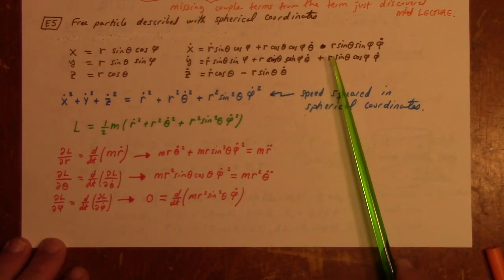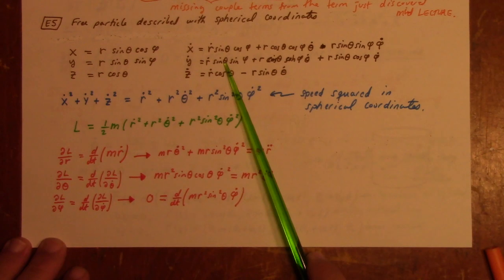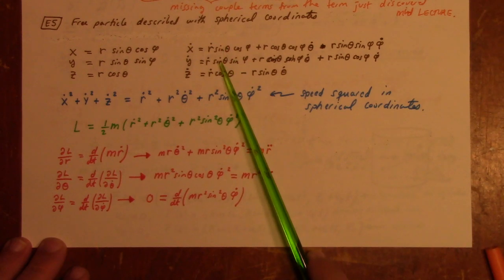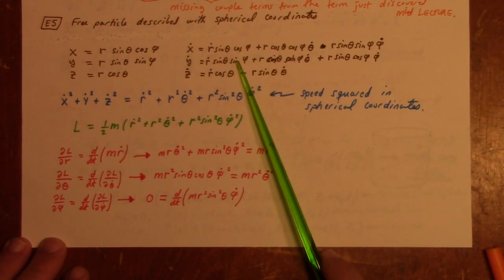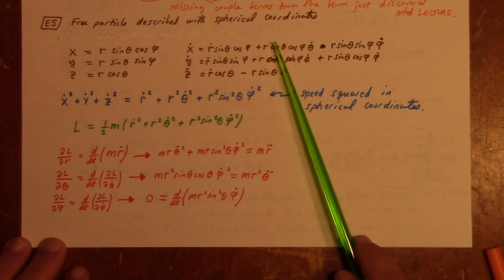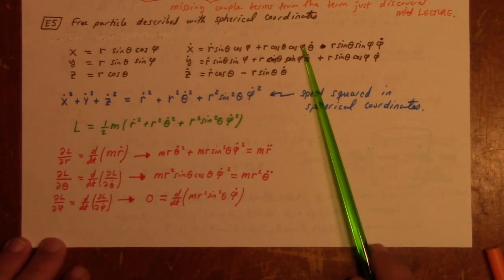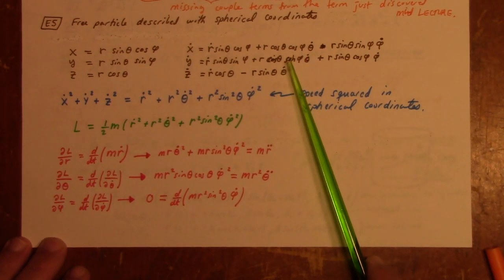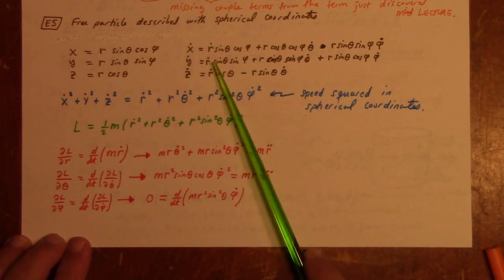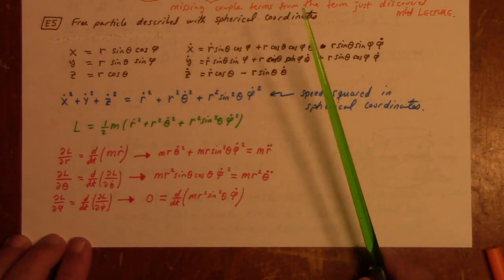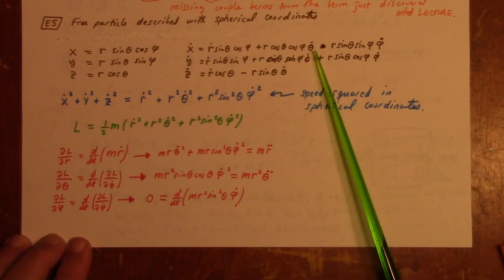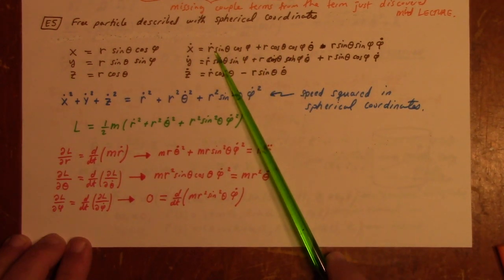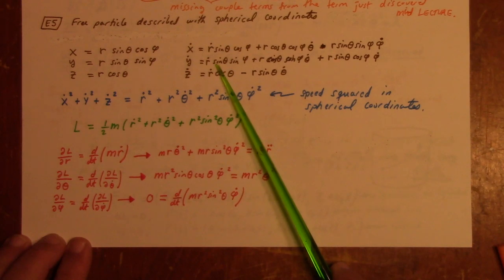Like when you add x dot squared plus y dot squared, you end up with sine squared, r dot squared, and then these two combine, and you get r squared cosine squared, and these two combine, so you get an r squared sine squared theta. You get r squared theta dot squared cosine squared theta, and a r dot squared sine squared theta.